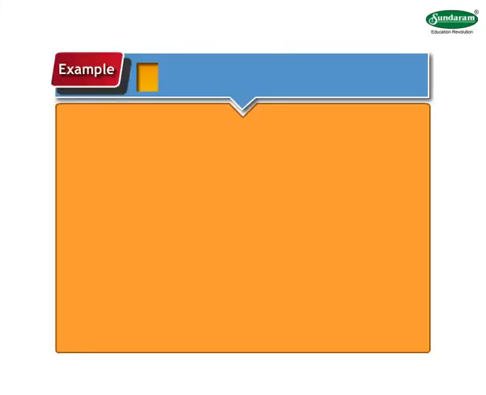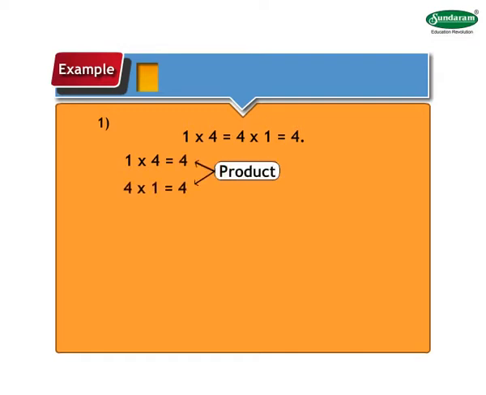Now, look at this example. 1 into 4 is equal to 4 into 1, which is equal to 4. In this example, we can see that when 1 is multiplied by 4 or 4 is multiplied by 1, we get the product as the same number 4.